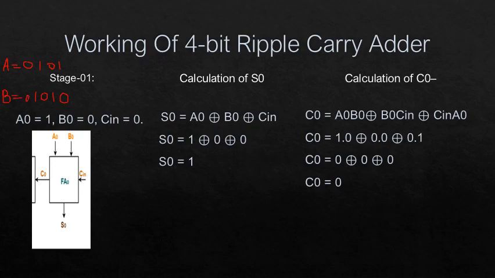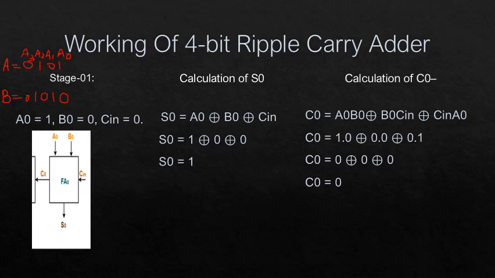That is, this 1 is A0, and 0 is A1, and again 1 is A2, and the 0 is A3.